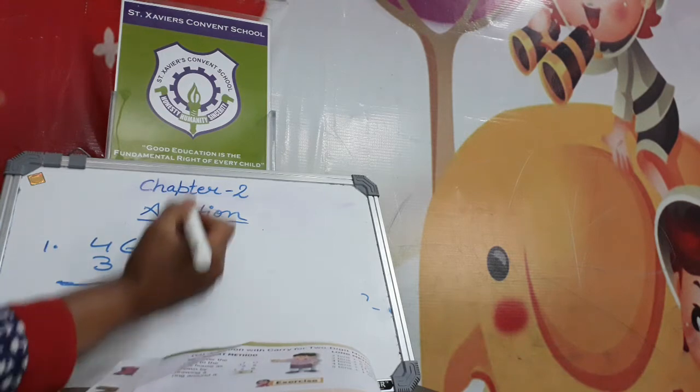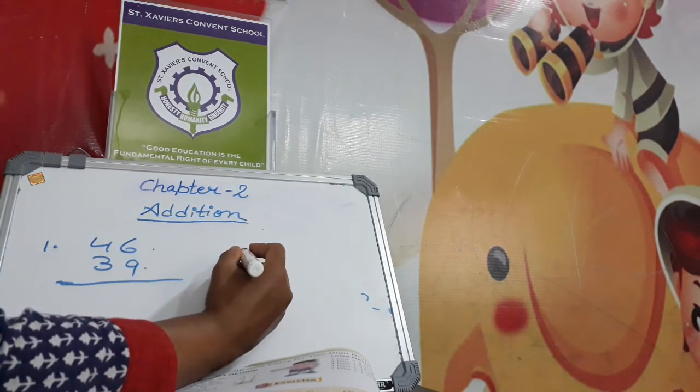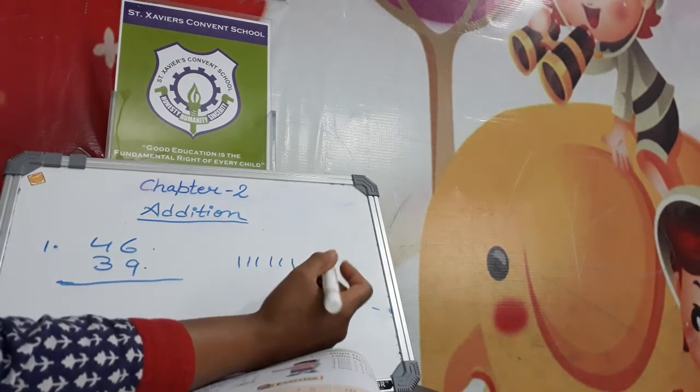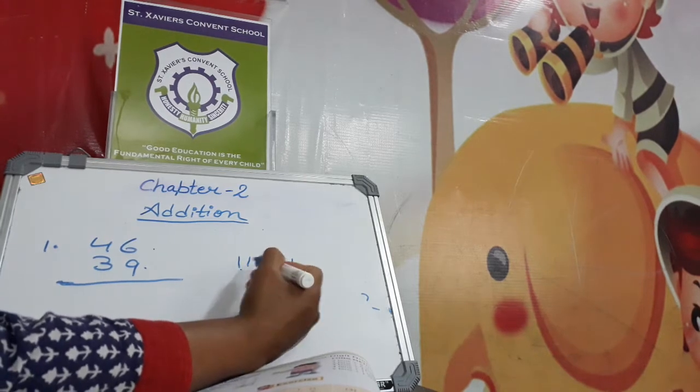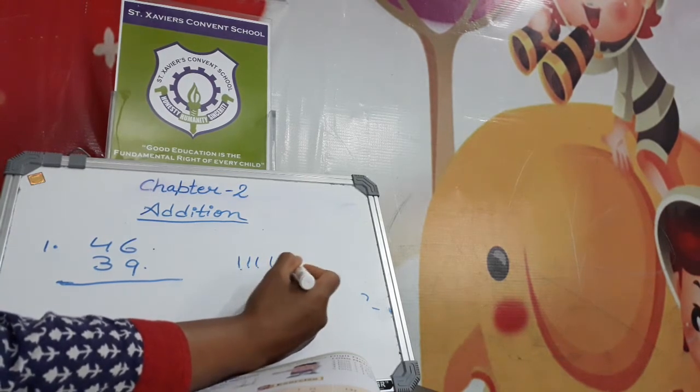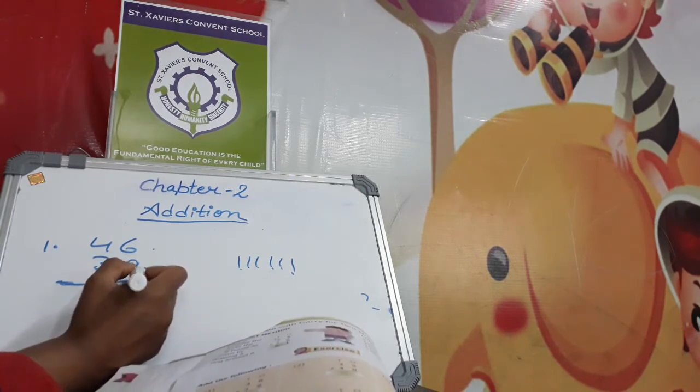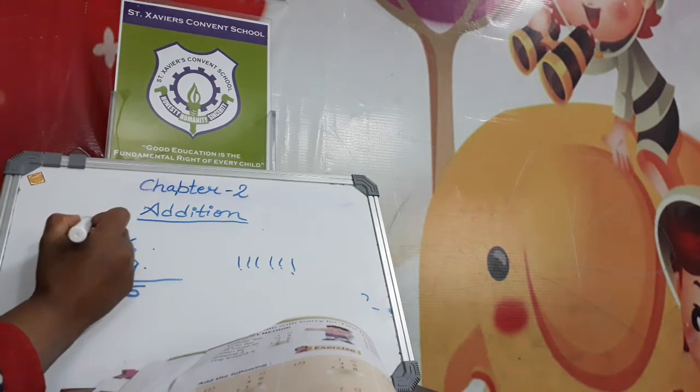After 9 you have to draw 6 lines. 1, 2, 3, 4, 5, 6. Okay. After 9 you have to count 10, 11, 12, 13, 14, 15. The ones number will be right here and tens will be carried over in tens. Okay.